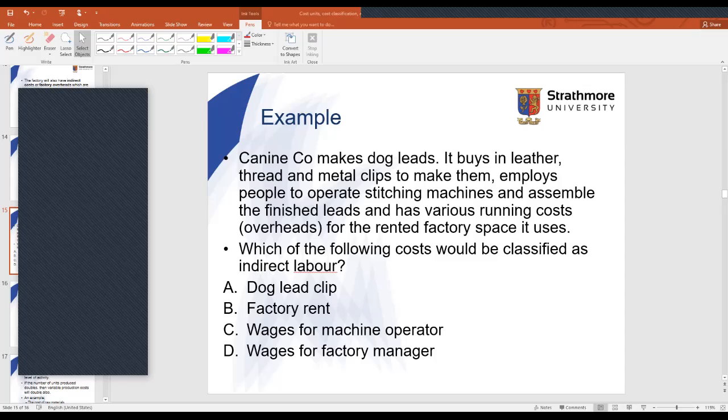Alexander, how do you classify B? B is a non-manufacturing overhead. Are you sure about that?